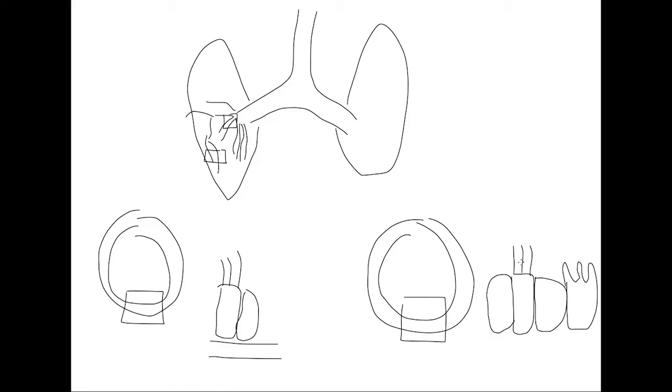Okay. So I'll start with the one on the left, and this is what we would call a club cell, also known as a Clara cell. So it's a club or Clara cell, okay?